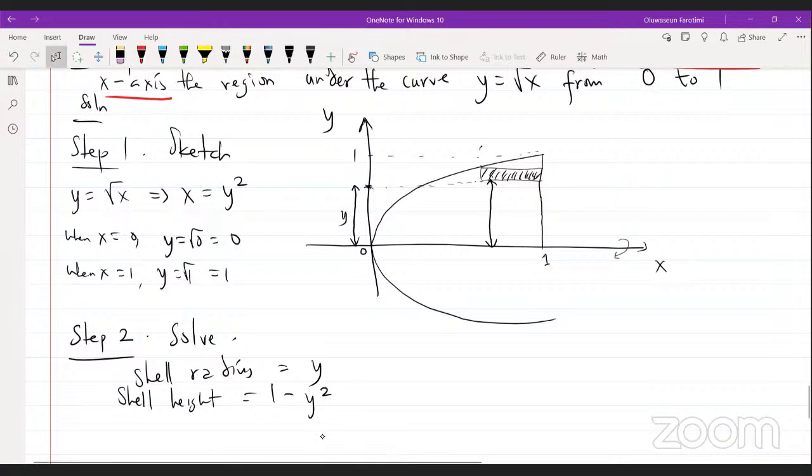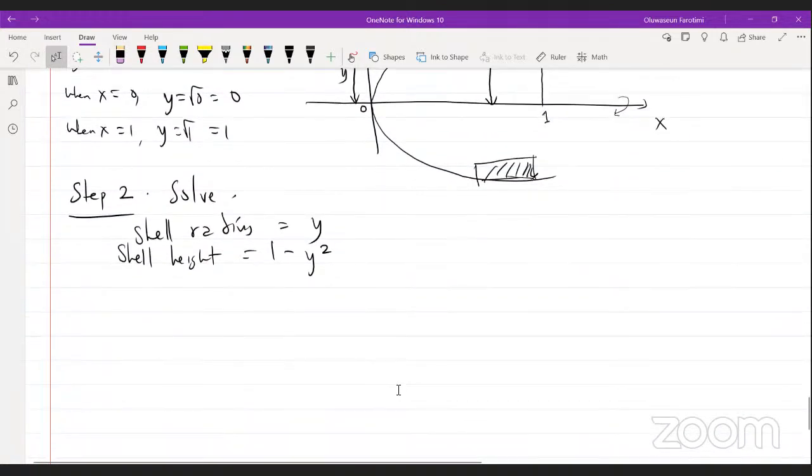Of course, in this reflection too, you definitely have the same kind of shell, just so that you can see what is happening on that side too. So what is my volume? My volume is 0 to 1. What is the shell radius? I have a 2 pi, remember. You have the y. What is the shell height?